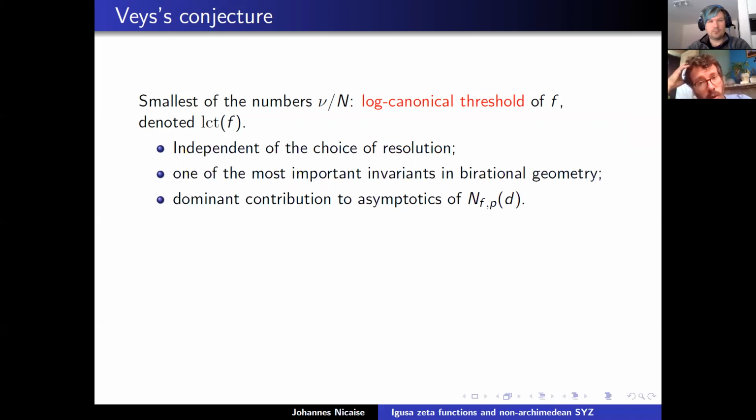And from the point of view of our counting problem, this is the dominant contribution to the asymptotics of the numbers of solutions of congruences modulo p to the power d as d goes to infinity. You can show that, perhaps excluding finitely many primes p if necessary, the largest real part of a pole of the zeta function will be minus the log-canonical threshold. And so in this sense, the log-canonical threshold controls the asymptotic behavior of the coefficients of our generating series.